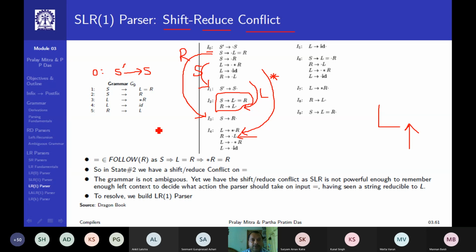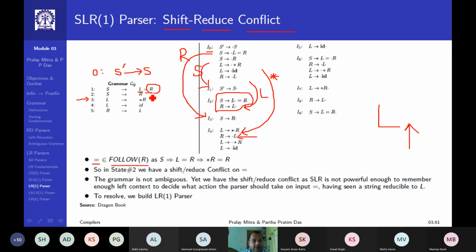If we incorporate the following information, then we see that the assignment operator belongs to follow of R. How? Look, the first production doesn't say anything to you, but there is one R. So L equals R. And this L, following production 3, can generate star R. And if it generates star R, then after R, this assignment operator will appear.